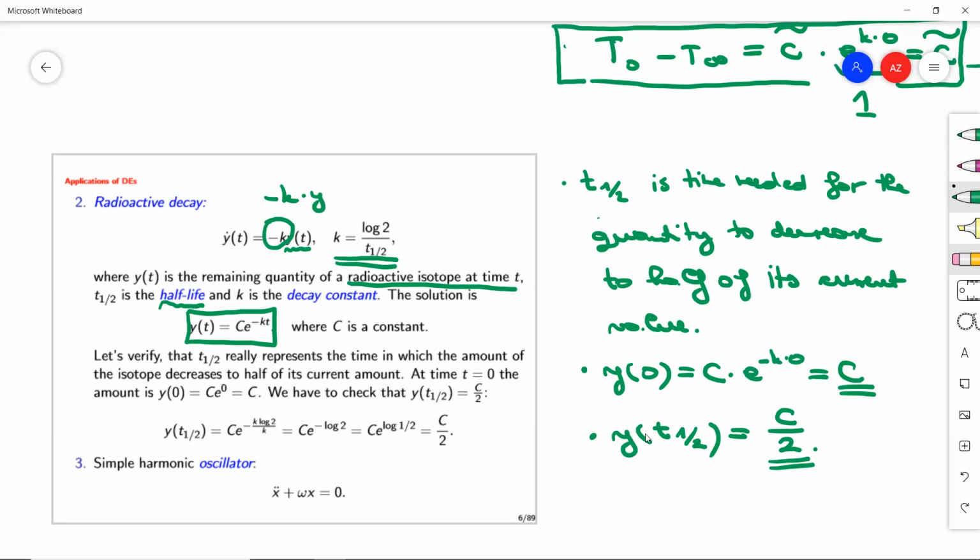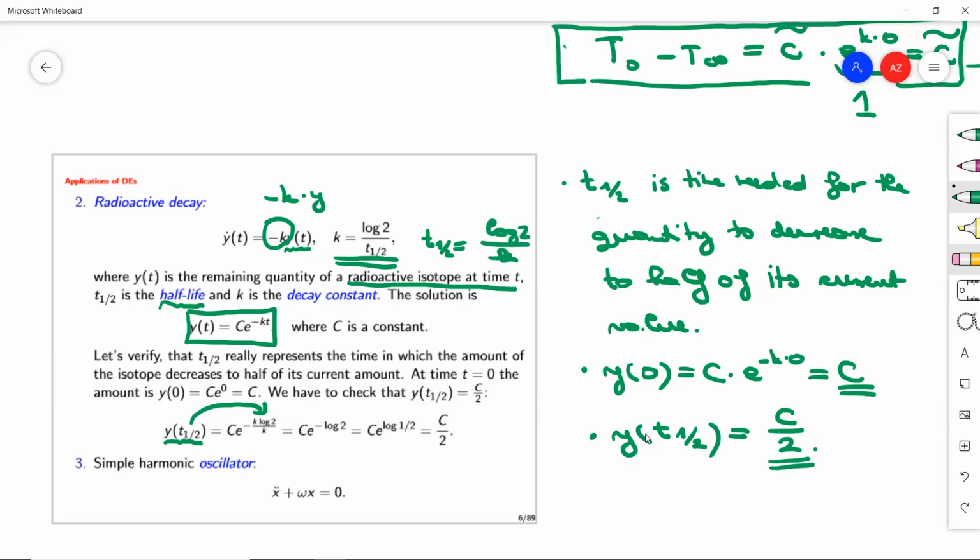And this is just a matter of short calculation. So here we have y of t of half-life. We plug in t in our solution. So since k is logarithm of 2 over half-life, half-life is logarithm of 2 over k.